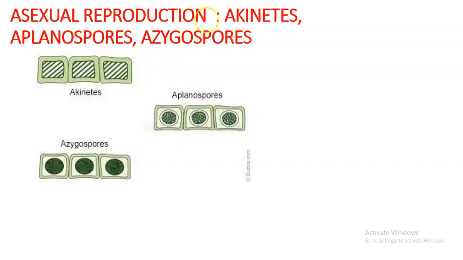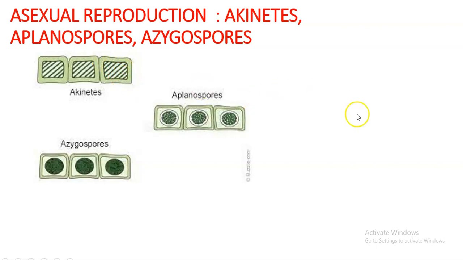It will lie as such during unfavorable circumstances, and you can see that this is not the color of vegetative cells. The akinetes have a thick dark color with lots of pigments in them, so they can be easily identified and differentiated from normal vegetative cells.